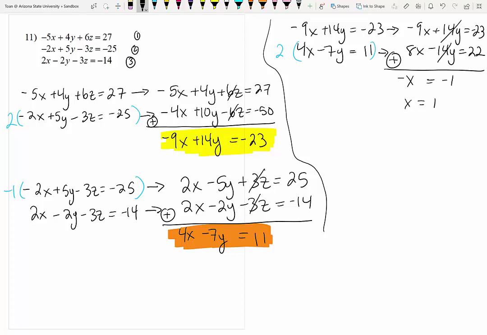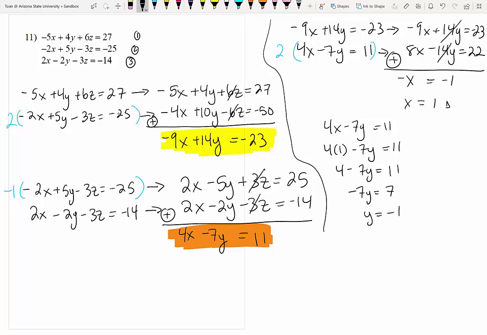I'm going to substitute into the orange equation because the numbers seem smaller. So we have 4x minus 7y equals 11. X we said was 1. And then you just do math. Subtracting the 4 gives me negative 7y equals 7. And then dividing both sides by negative 7 gives us y equals negative 1.